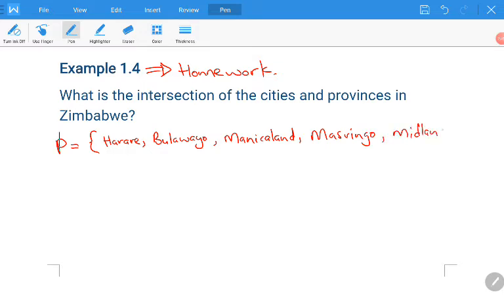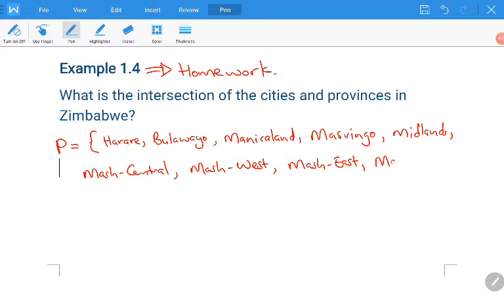we have Mashonaland Central, we have Mashonaland West, we have Mashonaland East, we have Matabeleland North, and we have Matabeleland South.